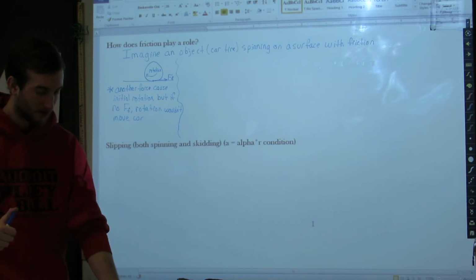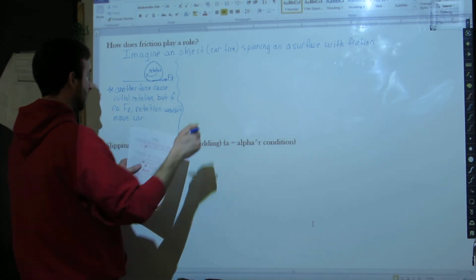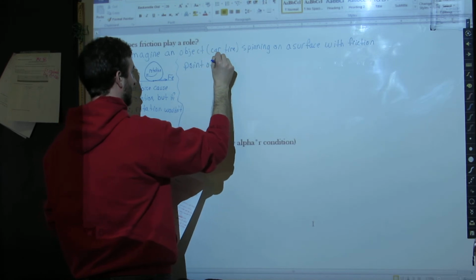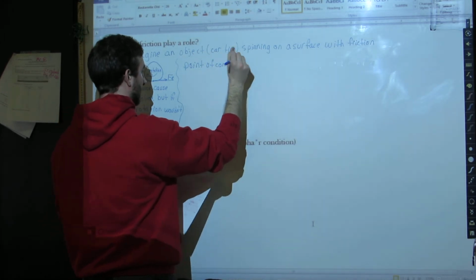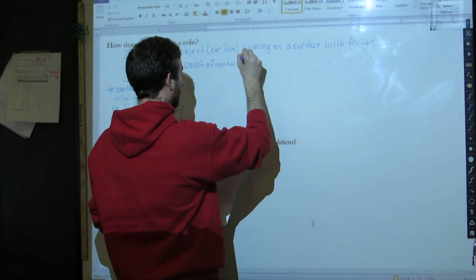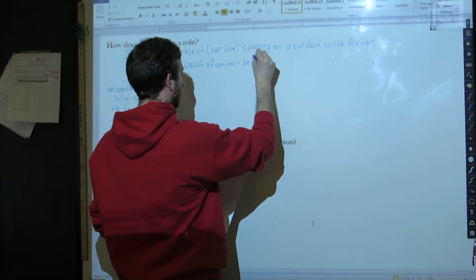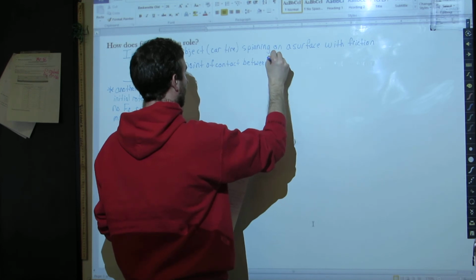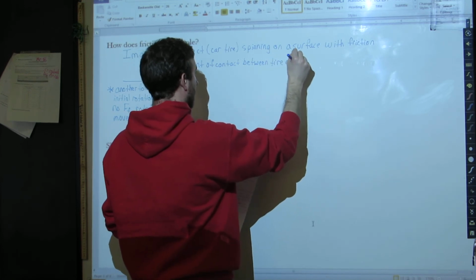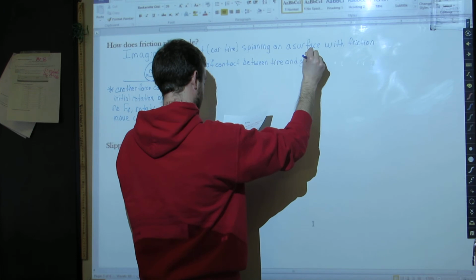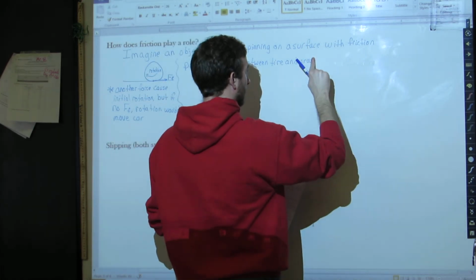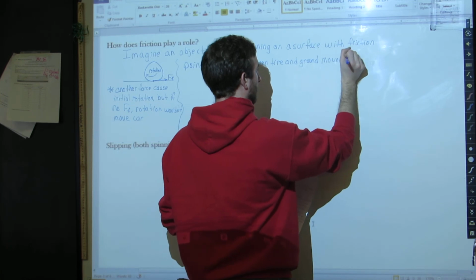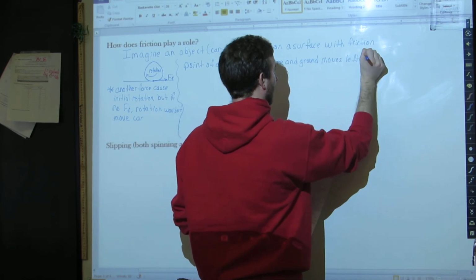As we just discussed, the point of contact between the tire or the wheel and ground moves left relative to the ground.